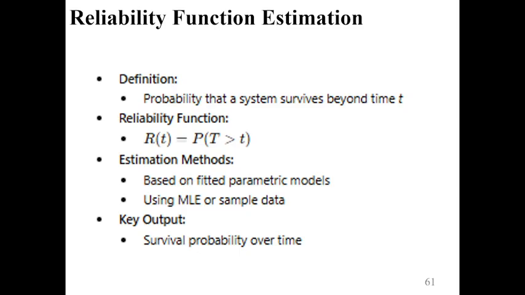This estimation is usually performed using parametric models and statistical methods such as maximum likelihood estimation and so on. By analyzing observed data and fitting an appropriate distribution, you can estimate the reliability function and use it to predict the survival probability of a system, which is essential for design, maintenance, and the decision-making process.